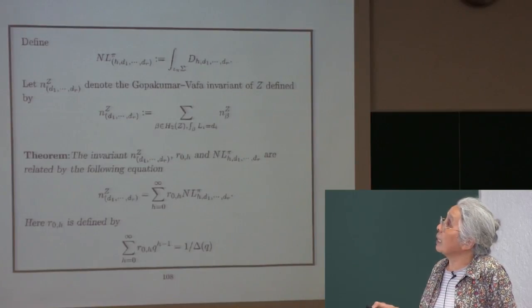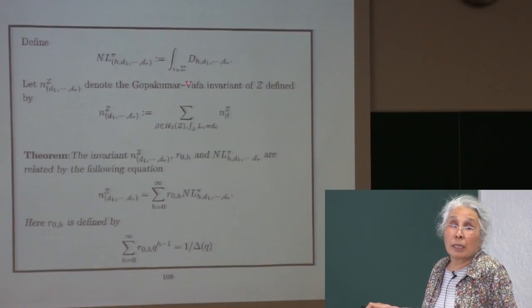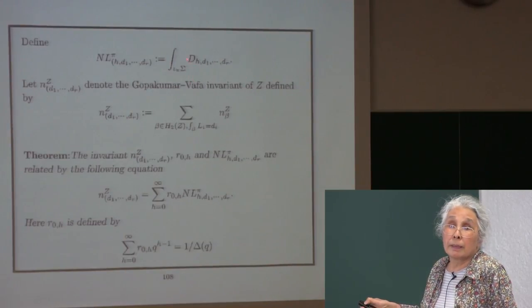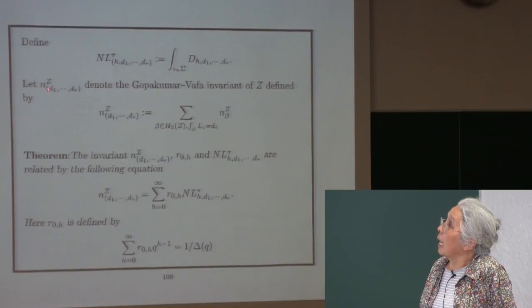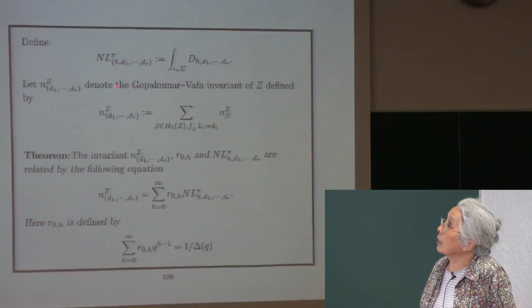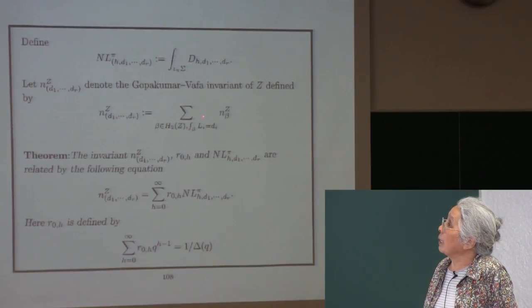Okay, so we define the Noether-Lefschetz number. You take the intersection of this divisor with this cycle, and that's a number. And then this is the Gopakumar-Vafa invariant, defined by Gromov-Witten theory.